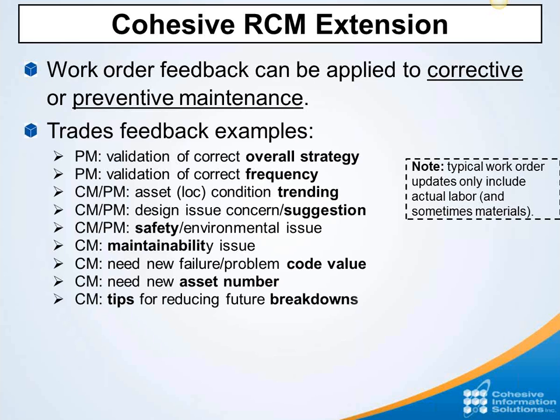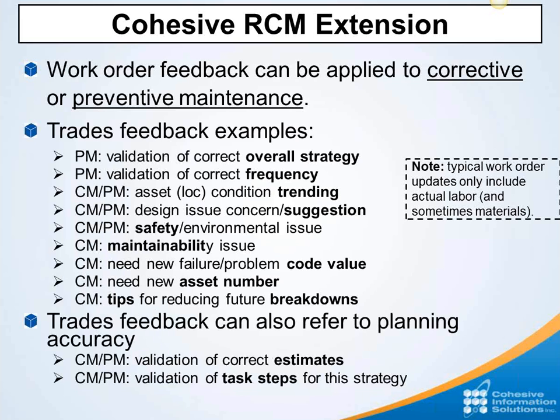These are some of the examples of the different types of feedback that you could capture from a work order perspective. So you're looking at your overall strategy for maintaining the asset. Is the frequency the right frequency?